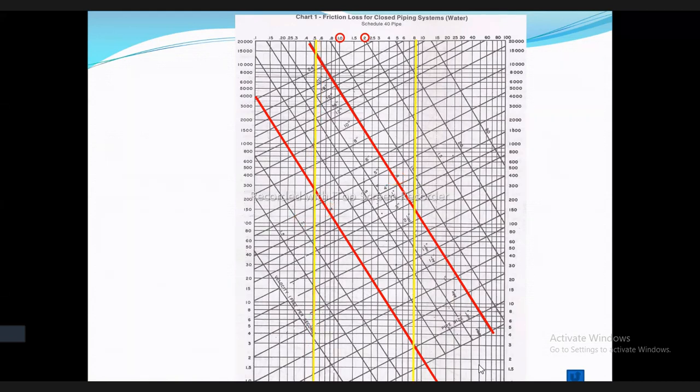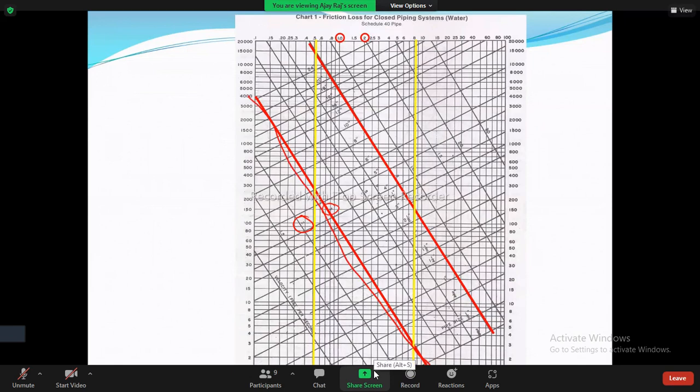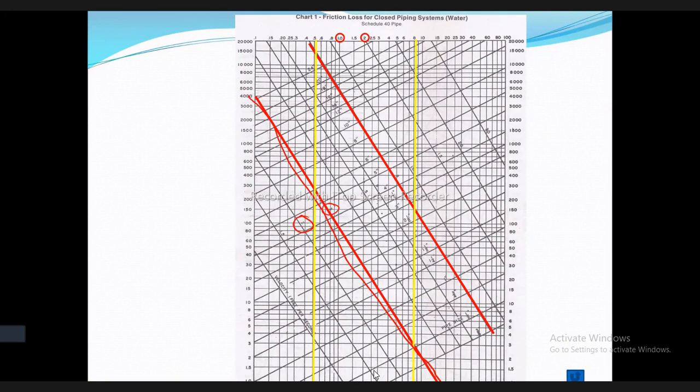Sir, please explain again. We have just now seen that our velocity should be more than 2 FPS. So I'm saying instead of 2 FPS, I'm targeting 3 FPS. So first, I've drawn this line, and this line is my selection line for diameters.